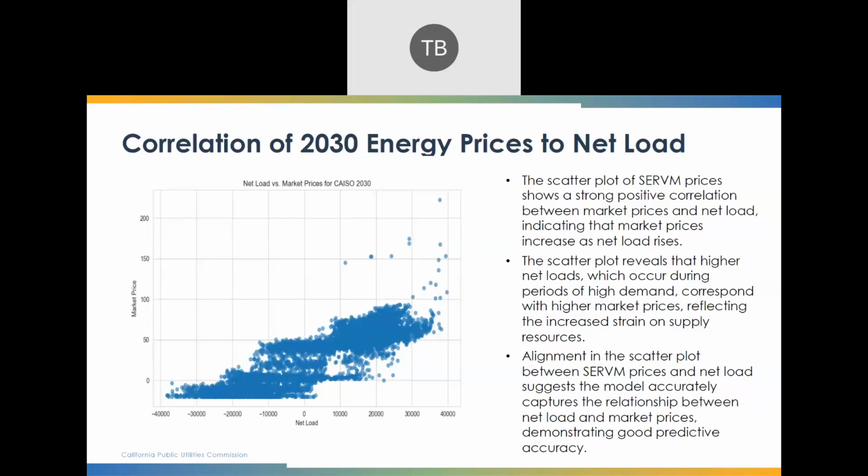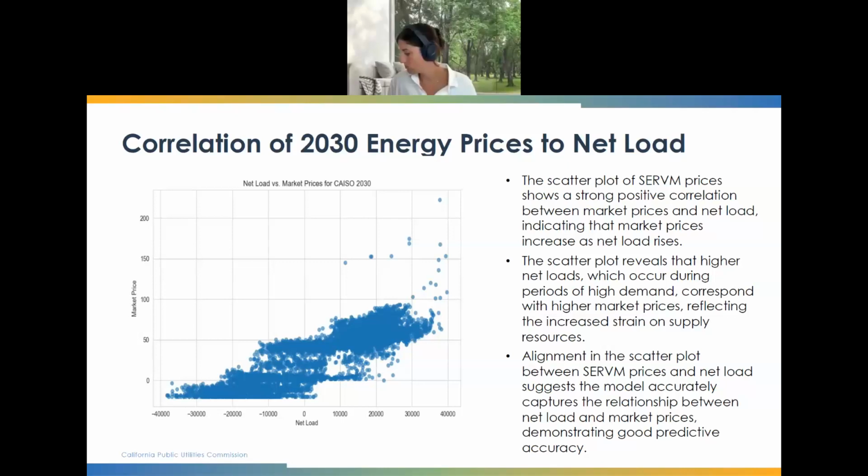Okay. In particular, probably the 2,000 hours with the highest implied market heat rates, the 2023 market heat rates were substantially higher than what was modeled in these Servum runs.